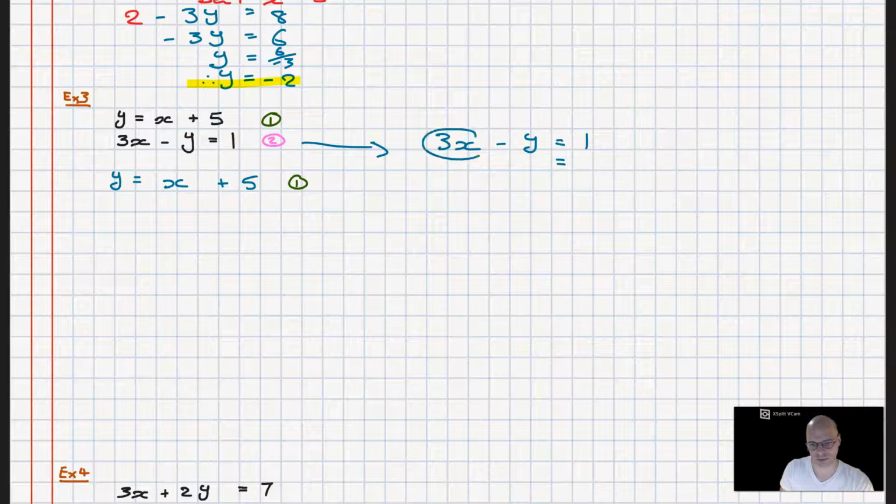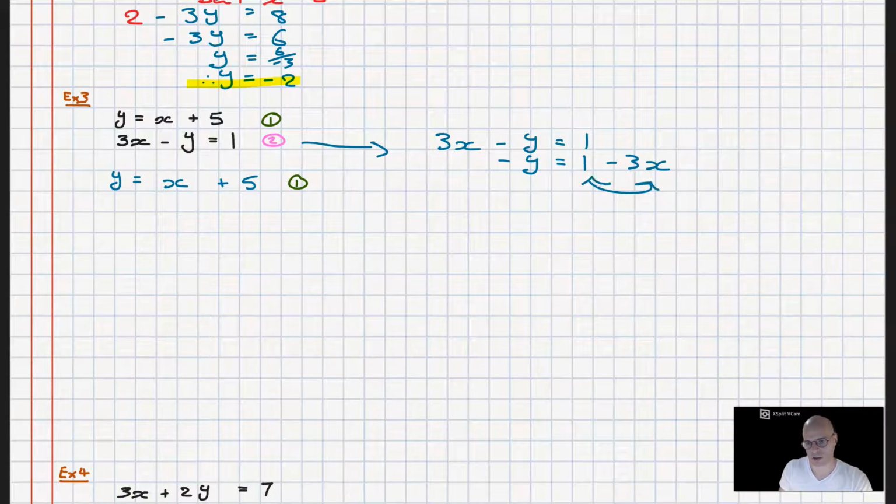I need to move the 3x over to the other side. So I go minus y equals 1, take 3x, and then I swap the 1 and the 3x around. So we're going to go minus y equals minus 3x plus 1.